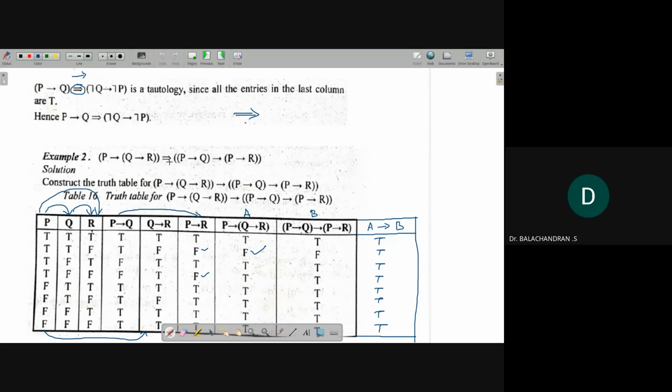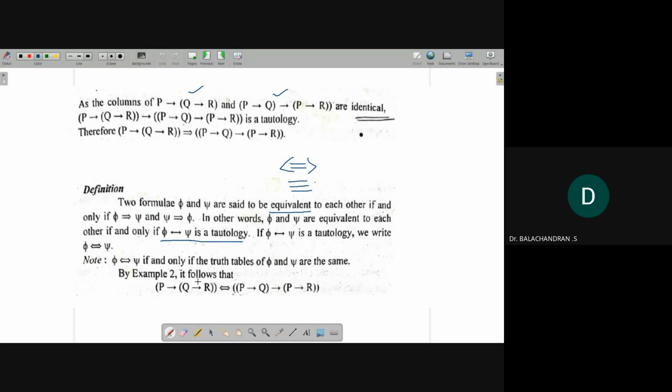But actually both of them are equivalent, because these two columns have the same truth value. By example 2, it follows that the first expression, P implies Q implies R, is equivalent to P implies Q implies P implies R, because both of them have the same truth value.